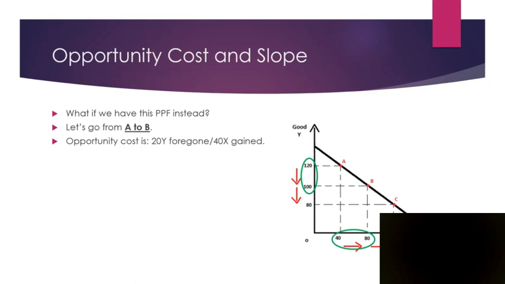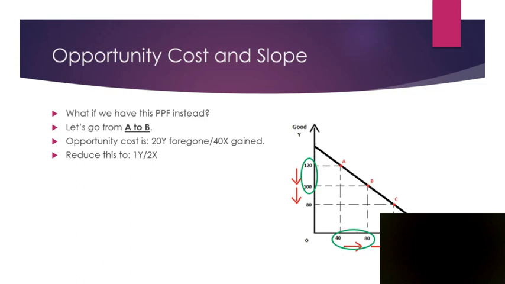We have on the X-axis, I had 40X, now we have 80X. So when I plug in, remember it's always what's foregone over what's gained. So 20Y are foregone, 40X are gained, foregone over gained. But I've got to reduce this, so let's reduce it to 1Y over 2X. But I remember I've got to reduce it even further because I need 1 on the bottom.